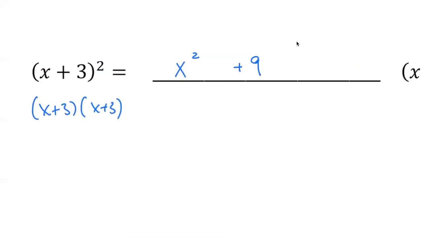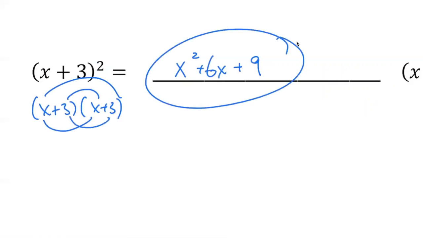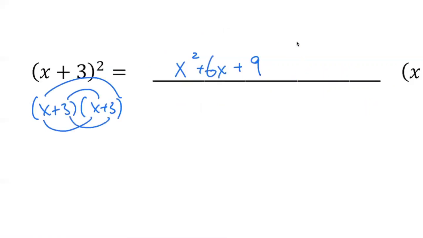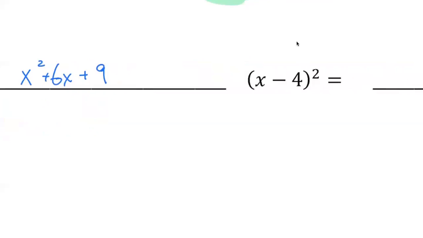And with this, we have to do FOIL. We have x squared, and then 3x plus 3x, that's going to be 6x. Then we have the plus 9. So that's the expanded form of (x plus 3) squared.